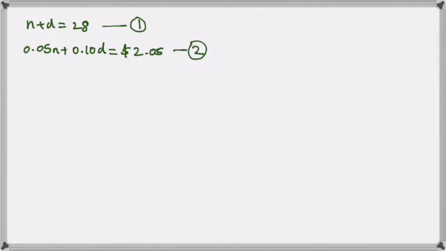So if you take a look at equation number 1, we can say that n equals 28 minus d.